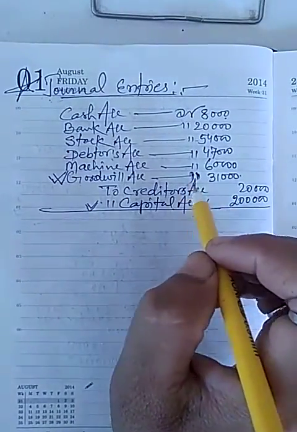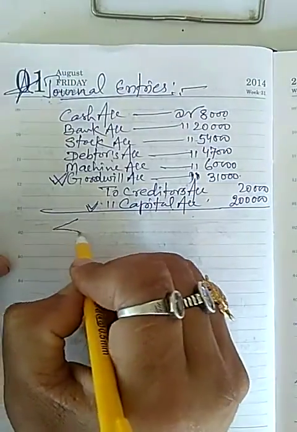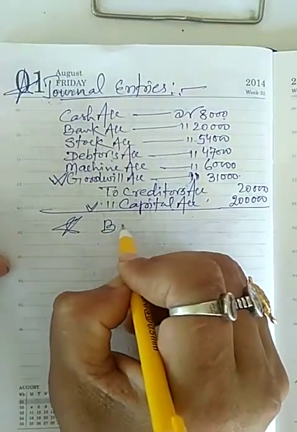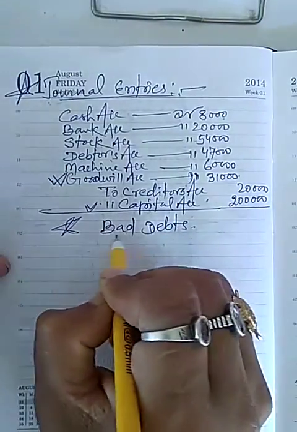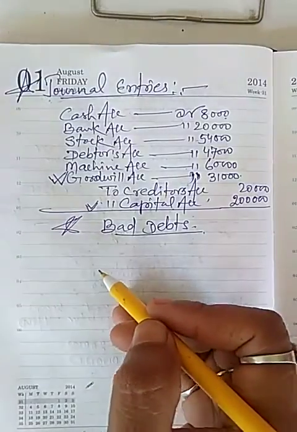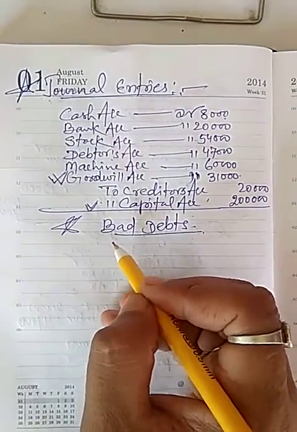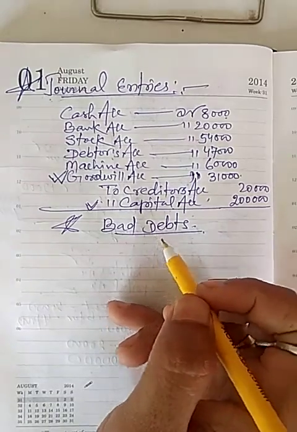Now see some other journal entry related to bad debts. I have explained in basic accounting terms what is bad debt.